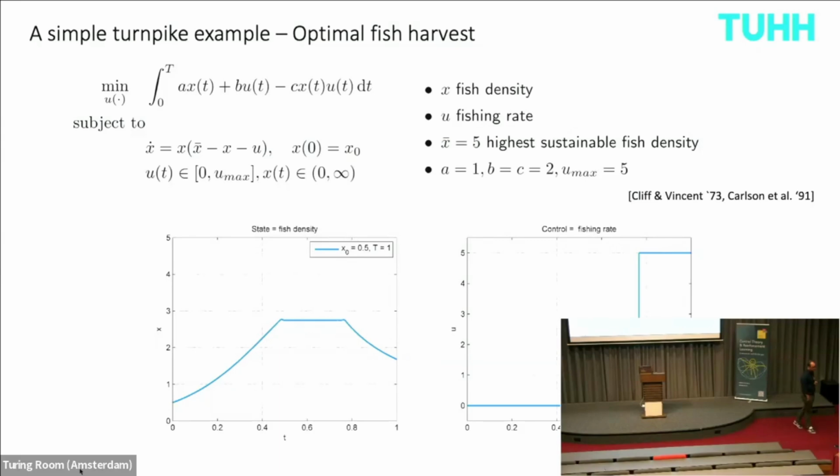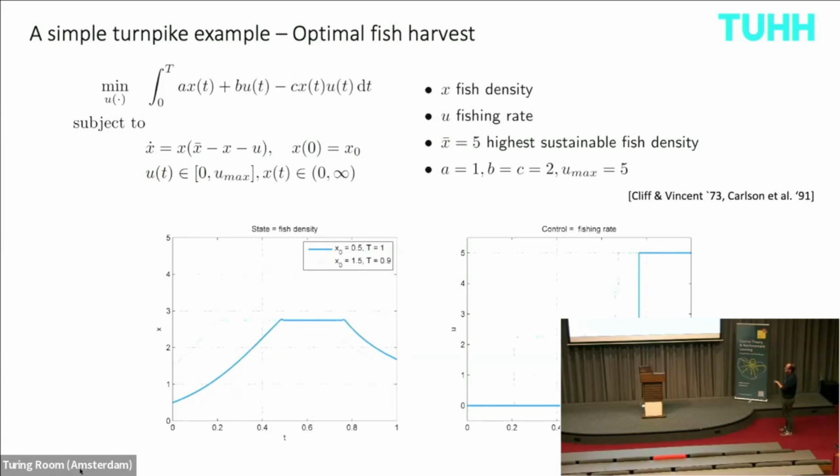Okay? Now, let's play with the parameters of the problem. In particular, I'm playing now with two parameters, the initial condition and the horizon length. So I solve it for a slightly shorter horizon and a slightly higher initial condition in terms of fish density, but structurally I have the very same solution.